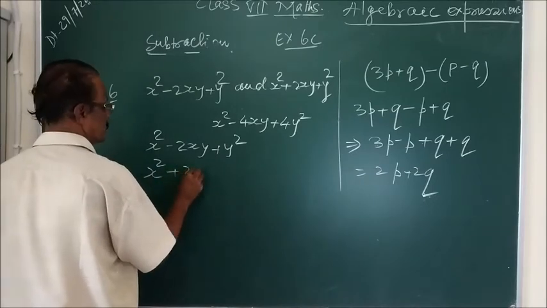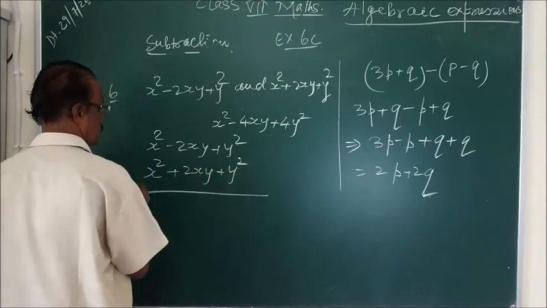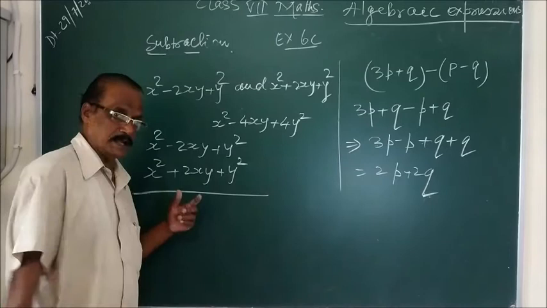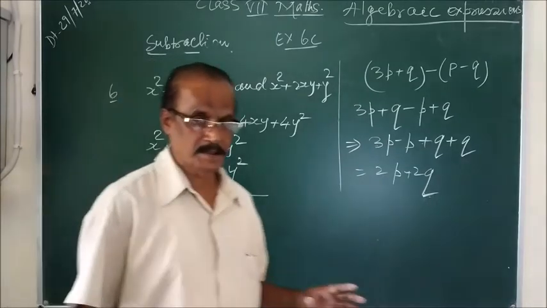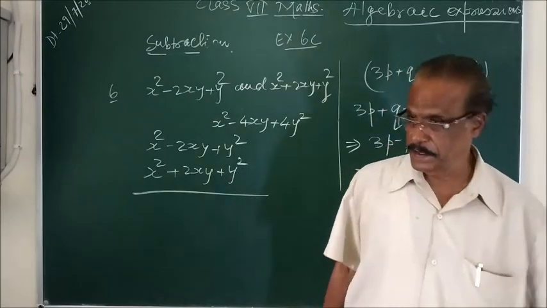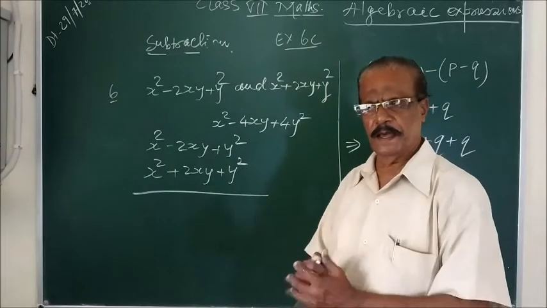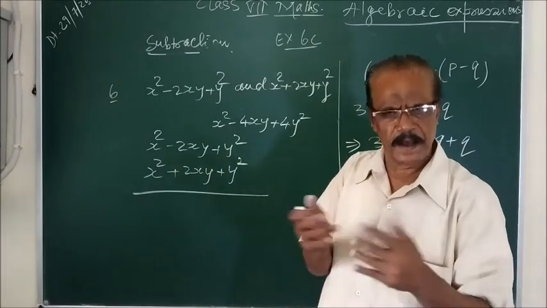This is 2xy and this is y squared. On addition, there is no change in the sign. You will remember this point. In subtraction, we change the sign. In addition, whatever the signs are given, जो भी साइन इसमें दिया हुआ है उसी साइन से काम करता है.